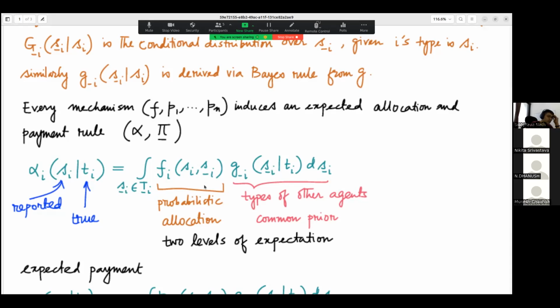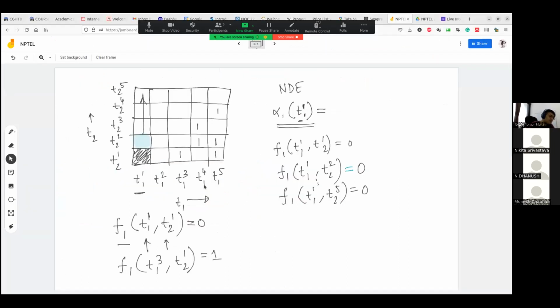So let's say alpha 1 T11, which is nothing but, in this case, a summation because these are all discrete. So you are taking this F1 of T11 and T21 and multiplying that with the probability of that, so that is G2 of T21.